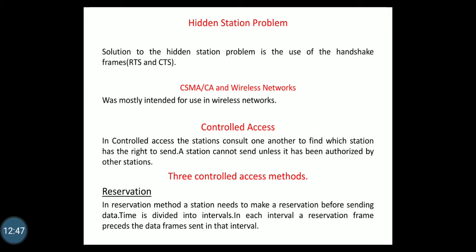In the previous figure we have seen the RTS message from B reaches A but not C. However, as both B and C are within the range of A, the CTS message, which contains the duration of data transmission from B to A, reaches C. Station C knows that some hidden station is using the channel and refrains from transmitting until that duration is over.